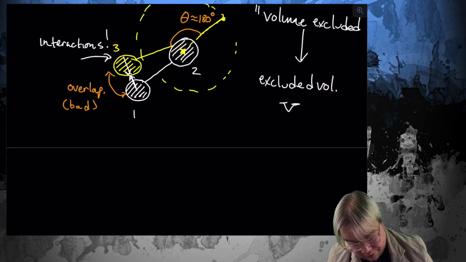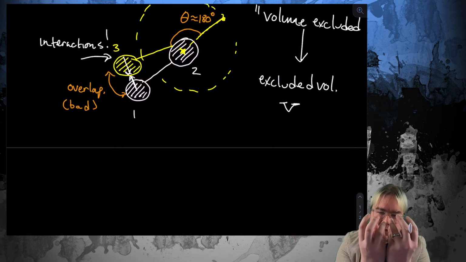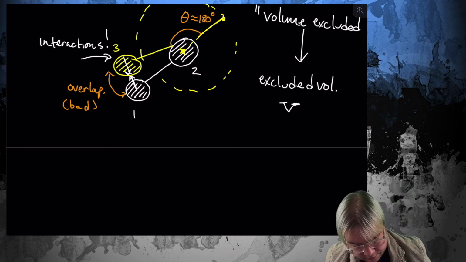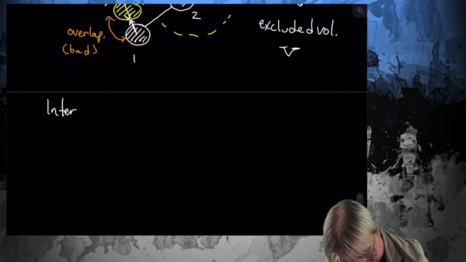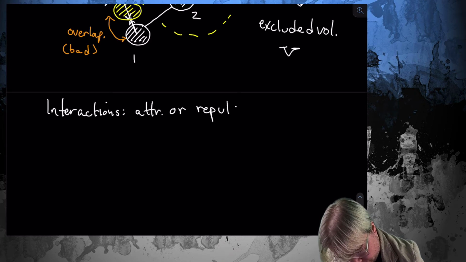So these interactions here, I've drawn them as being repulsive, right? Because the two monomers can't overlap. They're going to get close to the point where they're going to repel each other. So these interactions, I should say, they can be attractive or they can be repulsive.